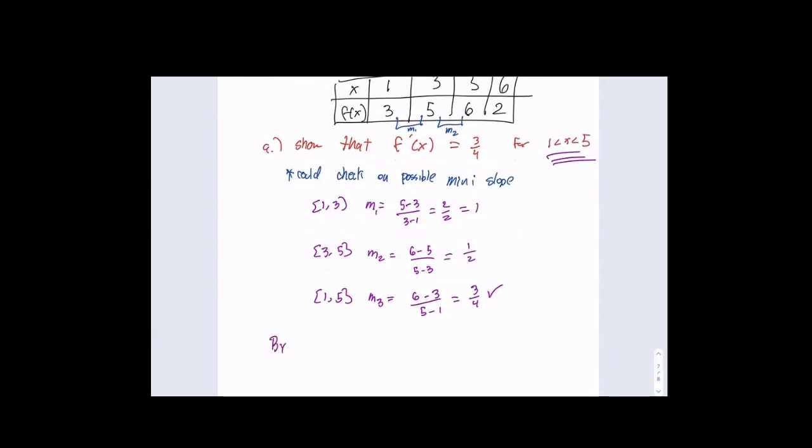So by MVT, f prime of x must equal 3/4 at least once on the interval, for 1 less than x less than 5.